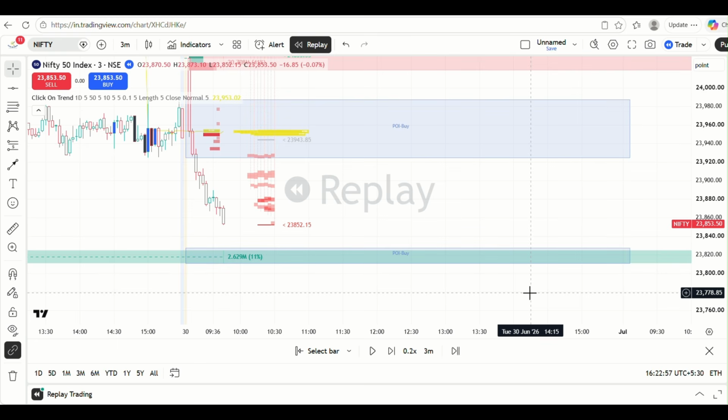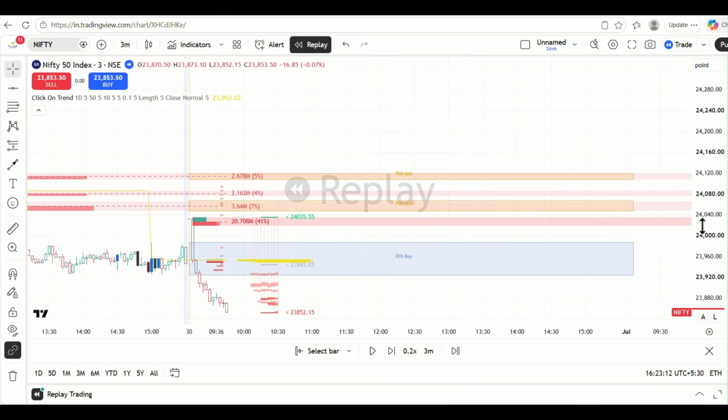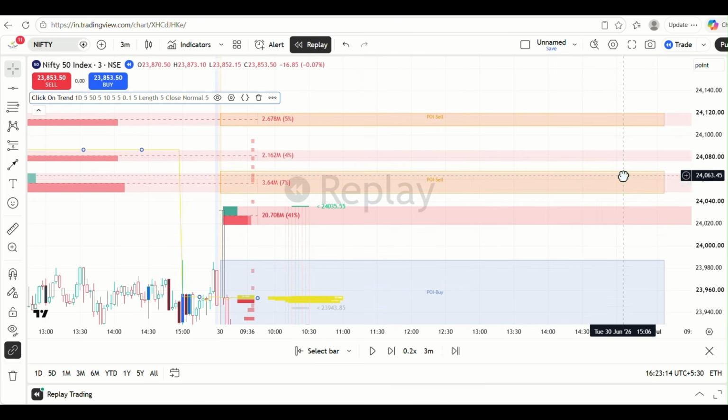Just to understand, if an order block has an FVG above it, it would be considered a valid order block in SMC and ICT. But in this indicator, you will have the percentage directly. This will tell you what should be respected first or not. It clearly tells you that 41% means major selling orders are here, and this will be respected.